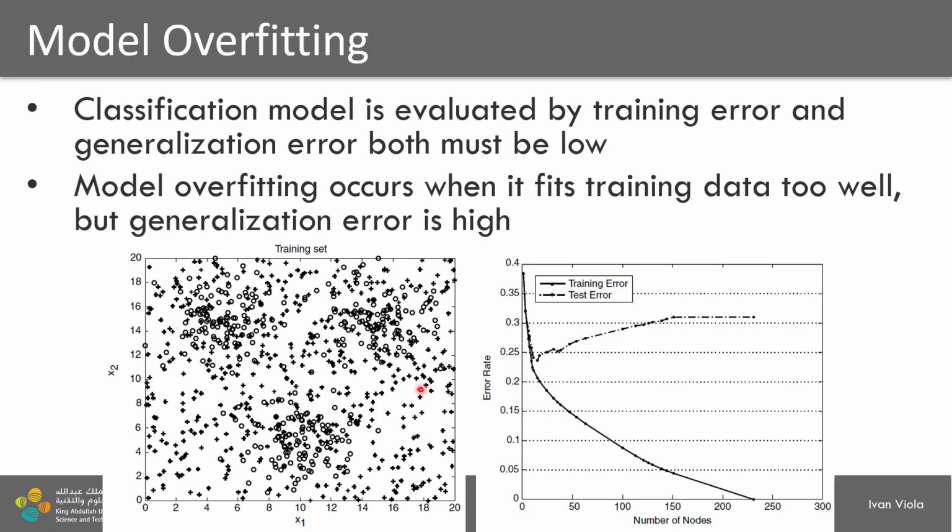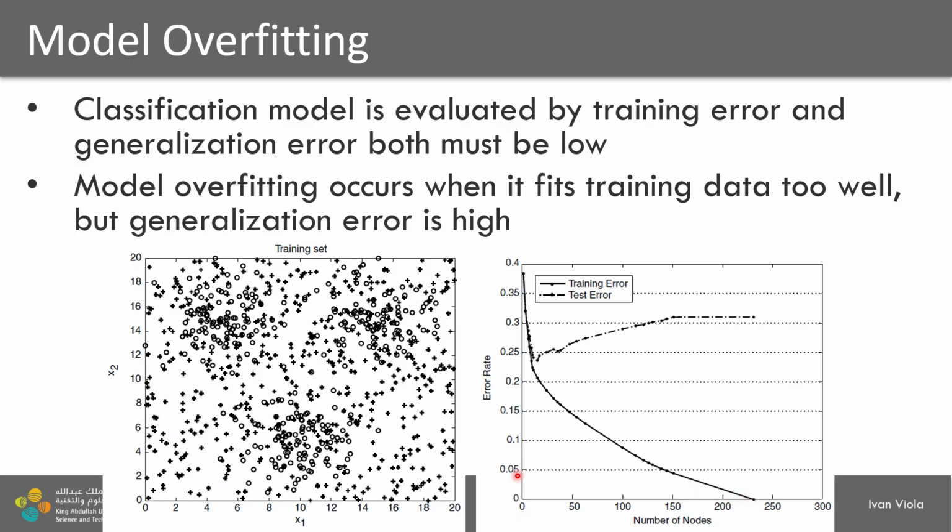So in our case, with a decision tree, we will be drawing small rectangular areas around every one of these data points. With that, we could reduce the training error to pretty much zero, but we will end up with almost 250 nodes for the decision tree.